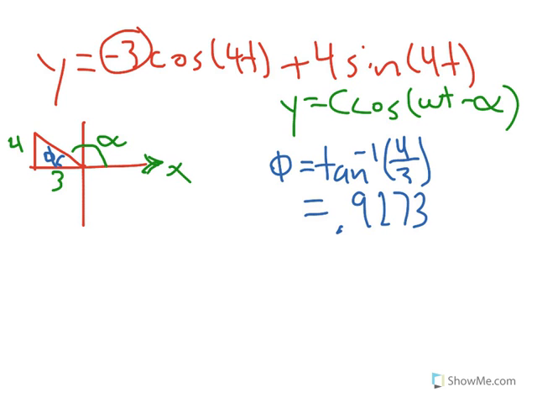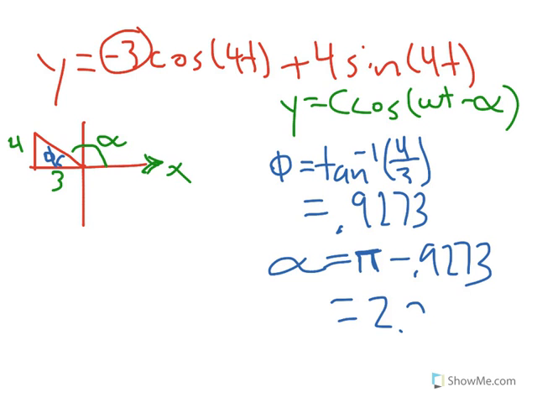So alpha will then in turn be equal to pi, remember we're in radians, minus 0.9273, which will equal 2.2143, approximately. I rounded.